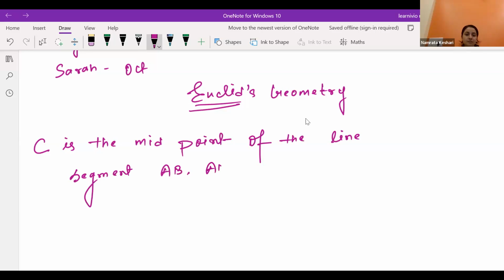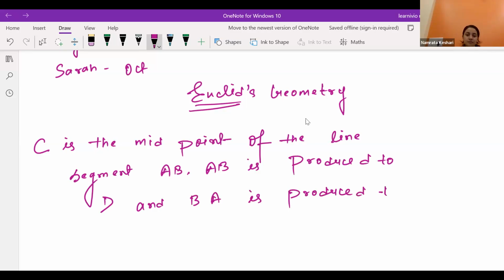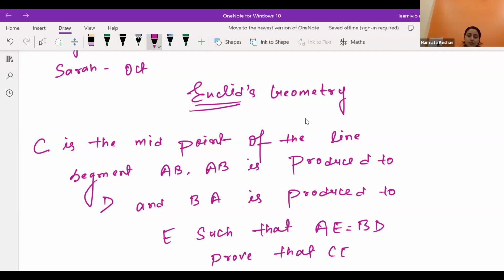AB is produced to D and BA is produced to E such that AE is equal to BD. Prove that CE is equal to CD.